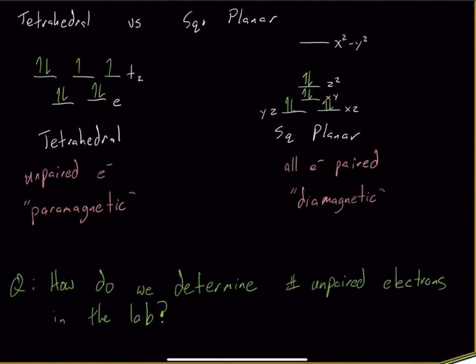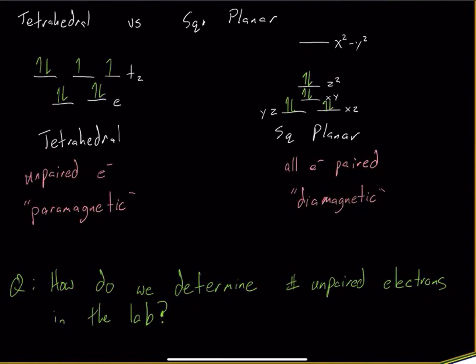And if we find a value of n equals 0, where we have no unpaired electrons, that would support a square planar geometry. So, like I said, our first question that we're asking in this experiment is how can we differentiate tetrahedral versus square planar in these complexes? Right, and so now we can do that. We can do that using magnetic susceptibility.